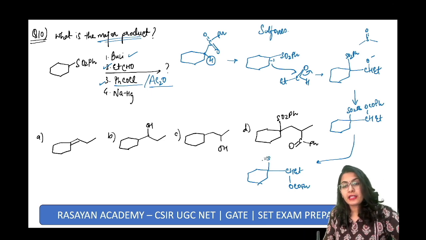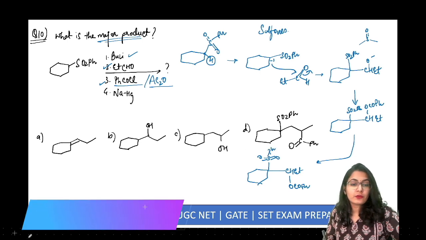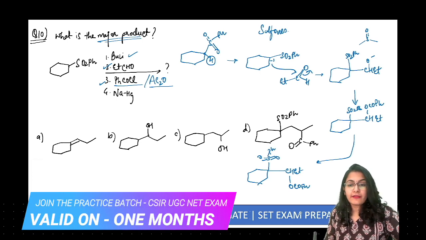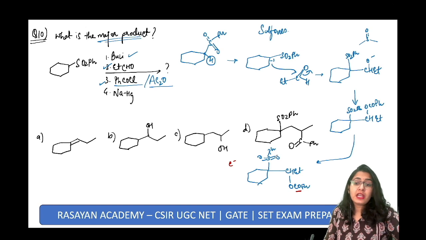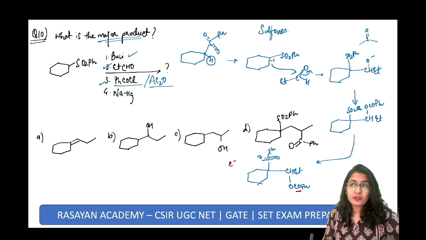Now sodium amalgam, sodium has the tendency to give electrons. Where is it going to give electrons? You have a carbonyl over here, you have a sulfonyl over here, but definitely sulfonyl is more electron deficient because sulfur is there in +6 oxidation state, being bonded to electronegative atoms.